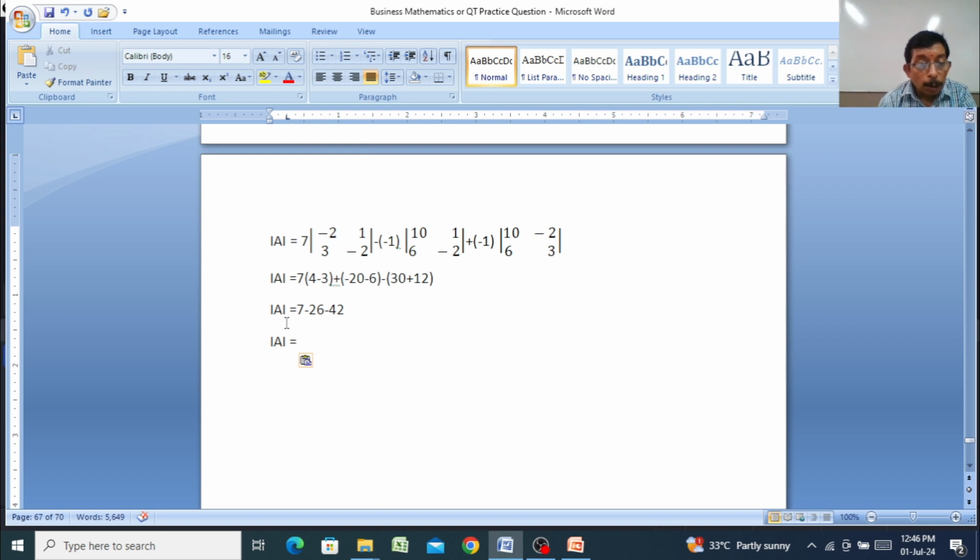Minus 68 plus 7. That is, the value of determinant of A is equal to minus 61. The value of the determinant is minus 61, which is a non-zero value.